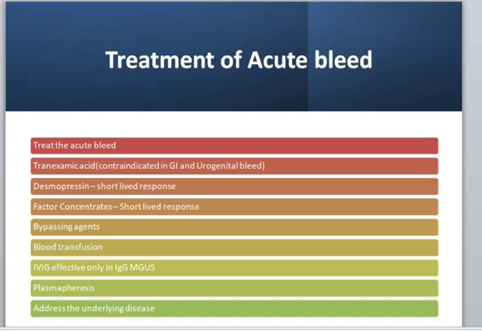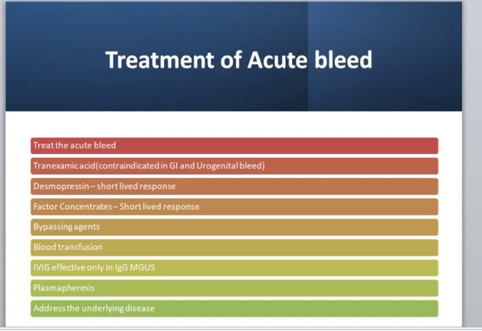But remember that in IgM type MGUS, you cannot give IVIG because it would lead to hyperviscosity and complications. So if you go to the How I Treat von Willebrand article, they have mentioned that IVIG is only for IgG type MGUS.